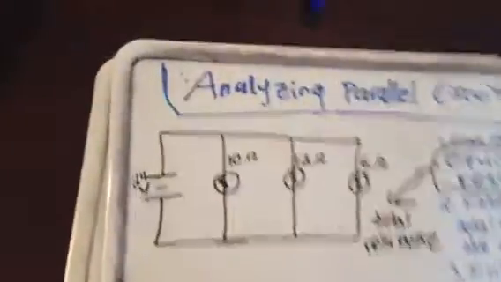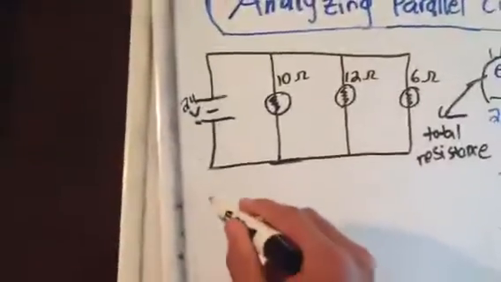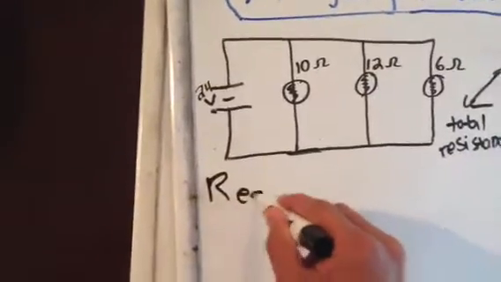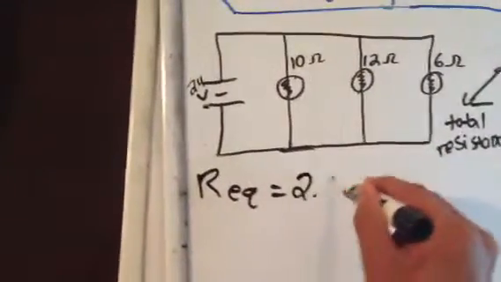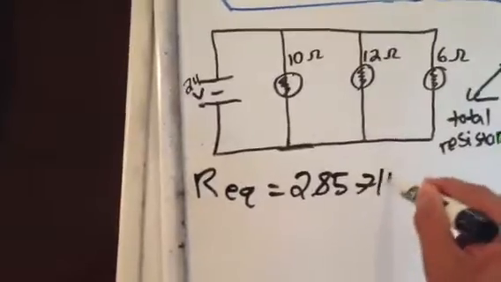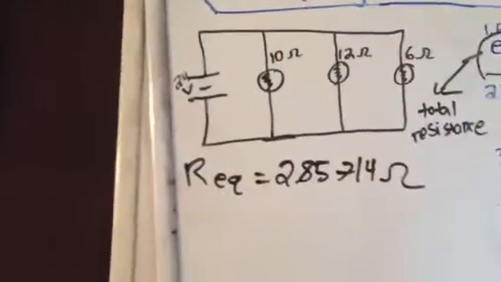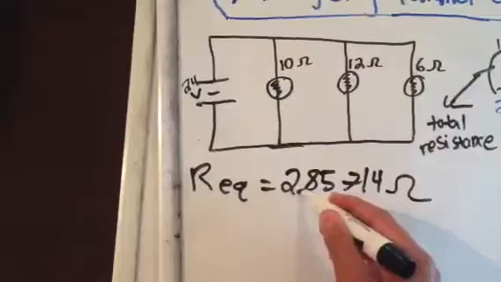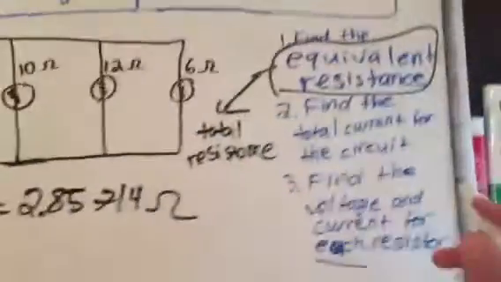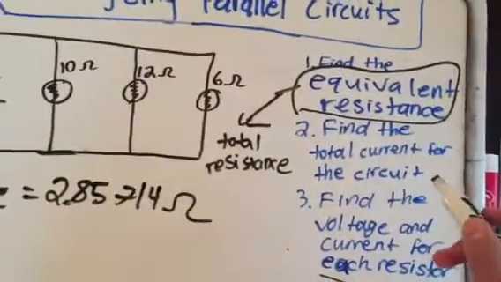Alright, now let's find the second part. Again, make sure you make note that the equivalent resistance, or RT, is equal to 2.85714 ohms. Don't forget the units. Now, we need to find the total current for the circuit.